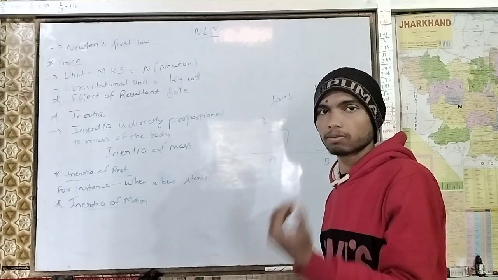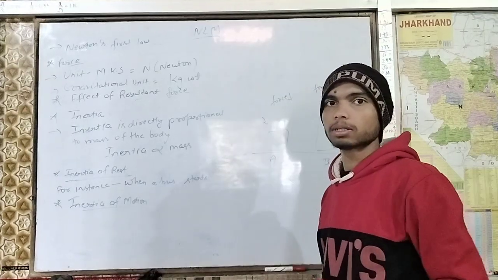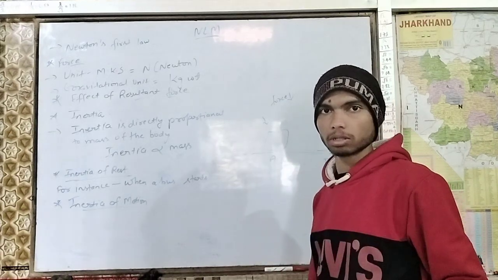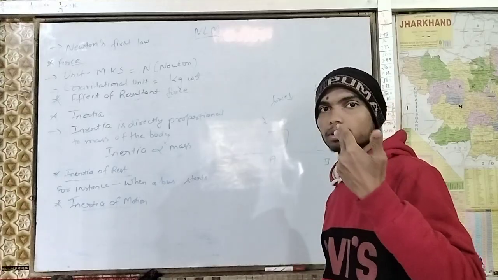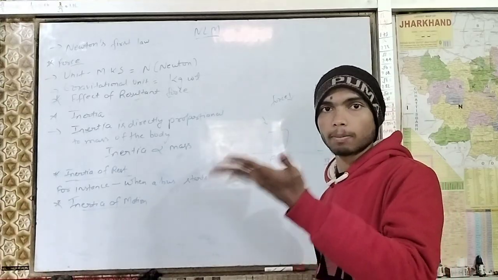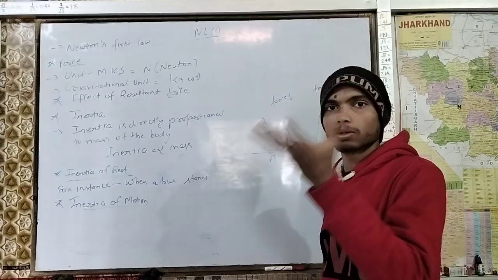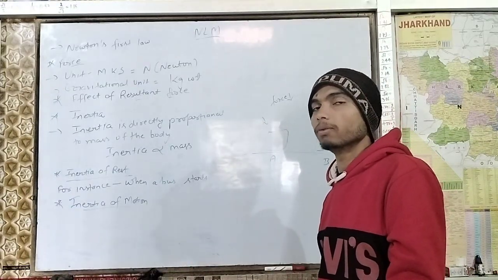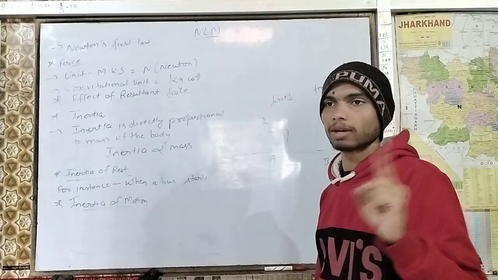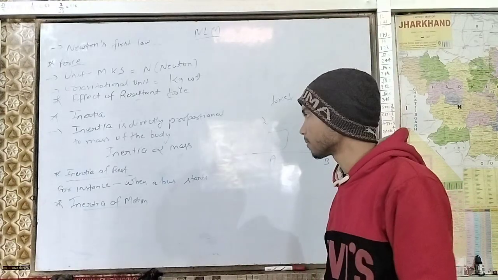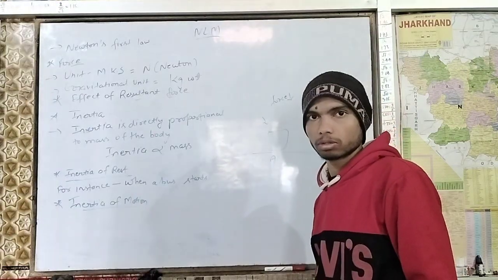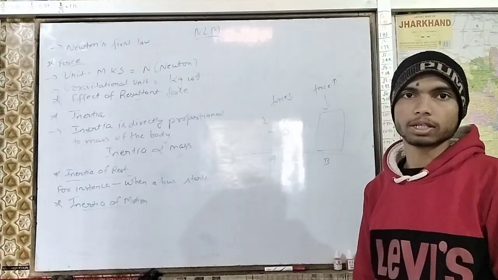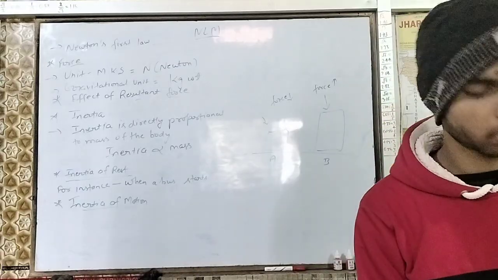The passenger comes forward like that. It happens because the vehicle was already in motion. When an external force, which is the brake, was applied by the driver, the vehicle came to rest, but the passenger did not. It happened because of inertia of motion. That object was moving and wants to keep moving.